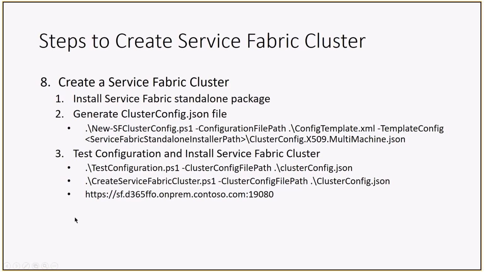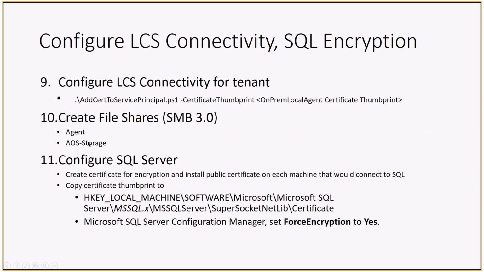So before we get more stuff installed on the Service Fabric, we have to take care of a few other things. We have to establish the connectivity between your local environment and your LCS tenant. For that, there is this add cert to service principal script, which takes the thumbprint of your local agent certificate.